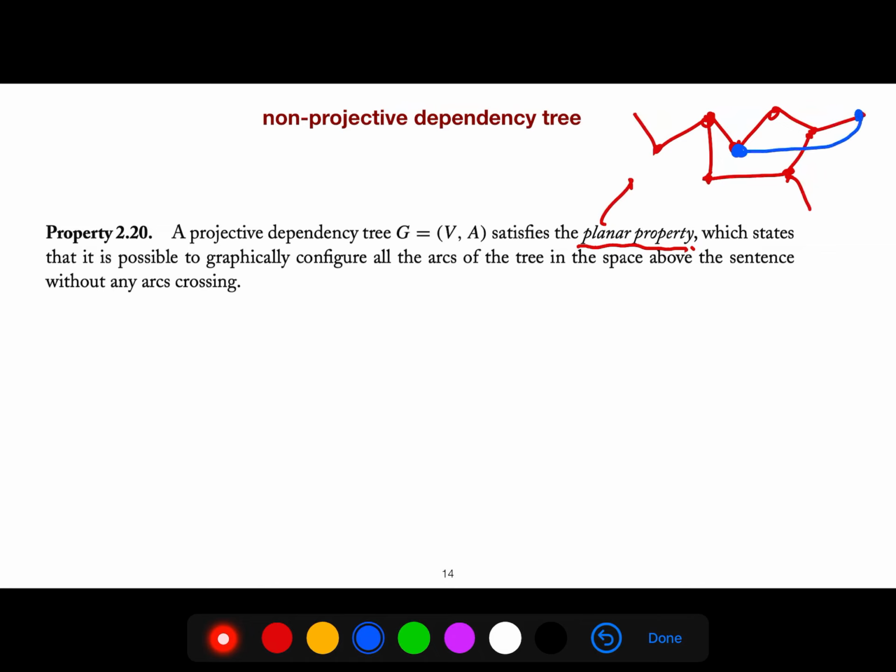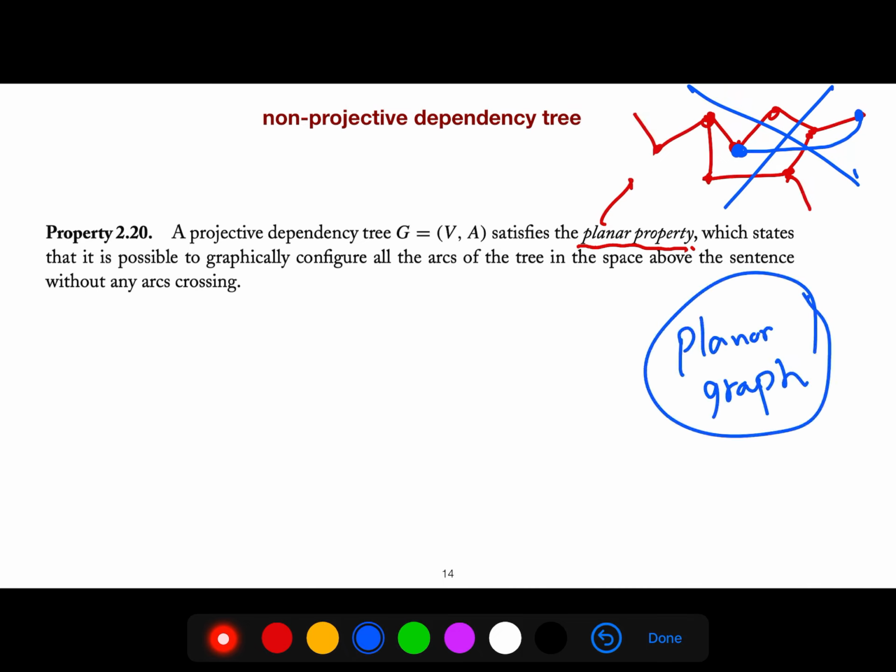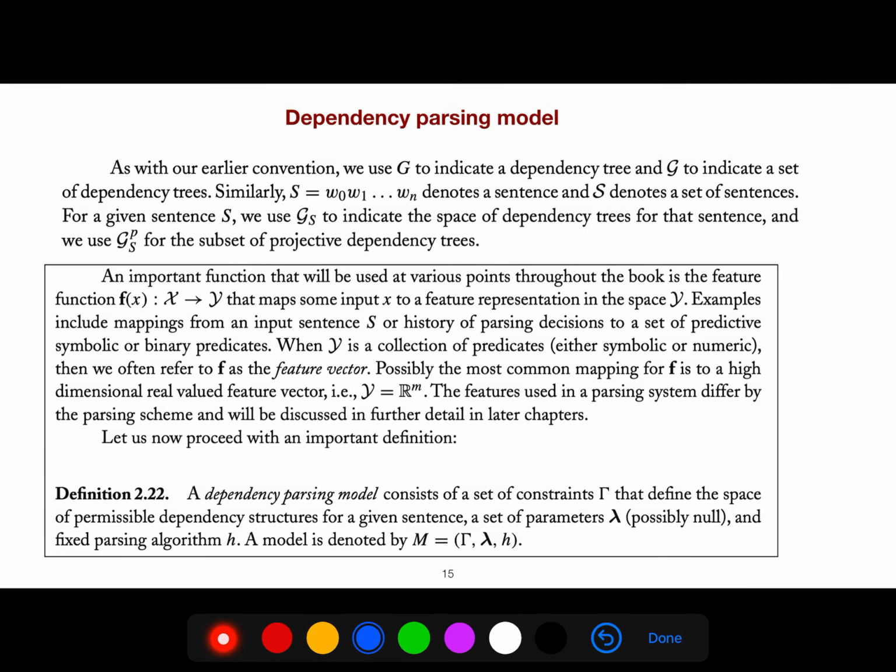I cannot do this because it is planar, so it's just a planar property. I have explained planar graphs on my YouTube channel, so you can think about that. It's a very restrictive subclass of graphs.